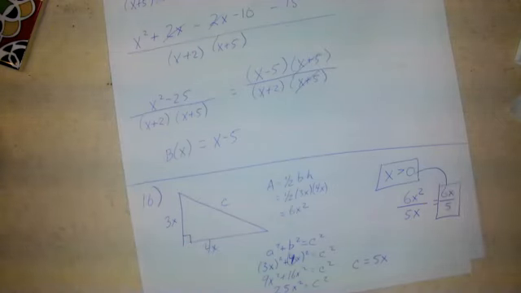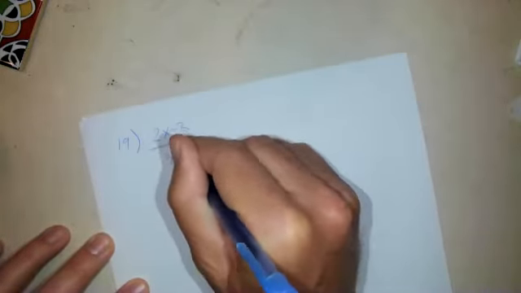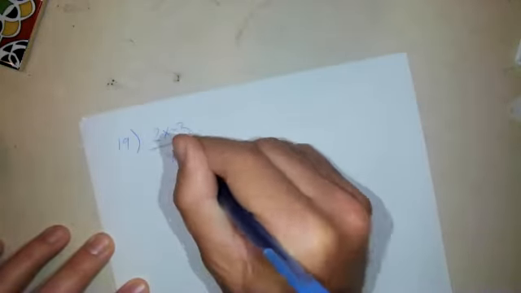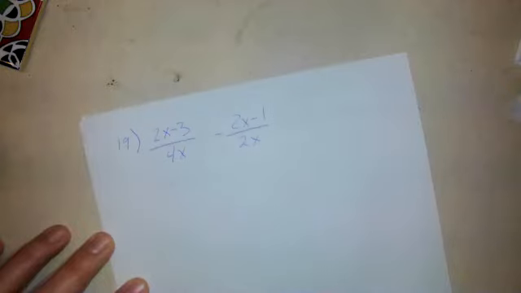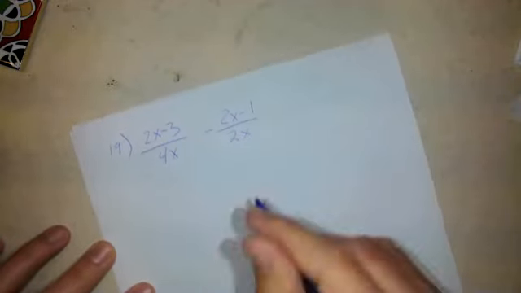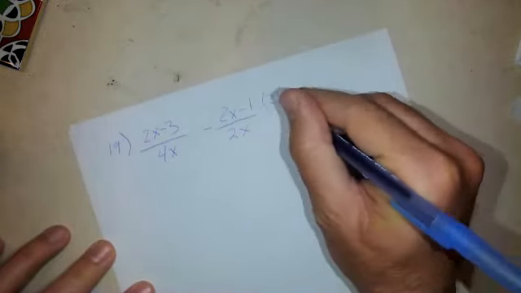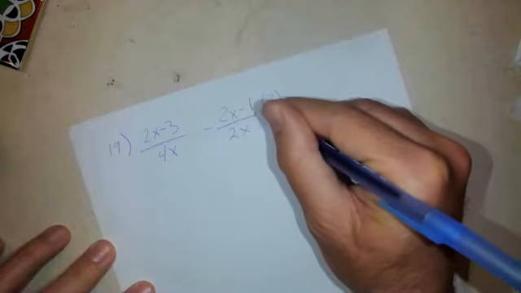Next up is problem number 19. Simplify or solve. Number 19 stated: 2x minus 3 over 4x, minus 2x minus 1 over 2x. I guess we can't solve, there's no equal sign. Let's multiply this side of the equation by 2/2.